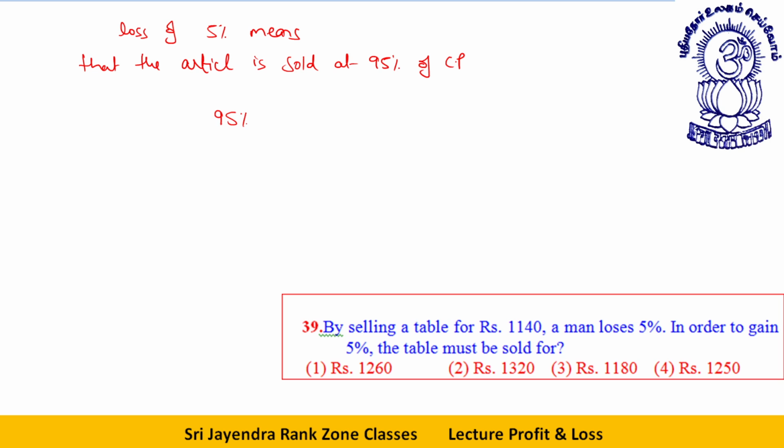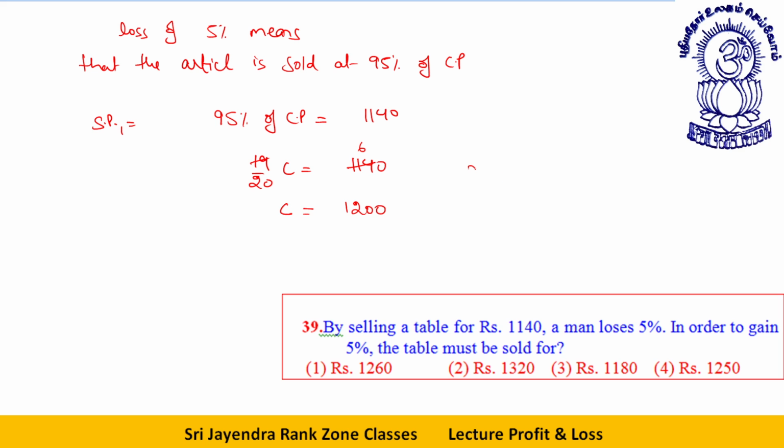So that way I can say SP1 is equal to 95% of CP, that is equal to 1140, or 19 by 20 C is equal to 1140. If you cancel this, you will get a 6. Okay, so that way C comes out to be 60 into 20 or 1200.